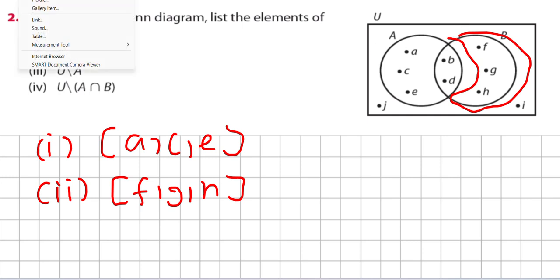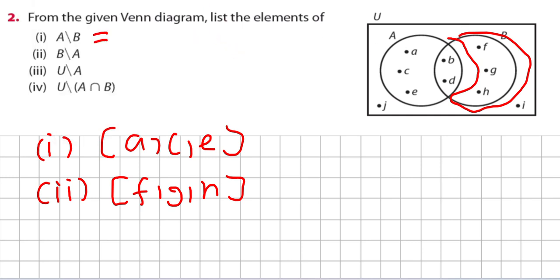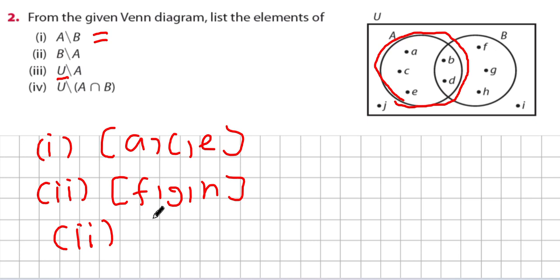Done. Okay, now here's an awkward one. U means the rectangle, agreed? Everything that's in the rectangle that's not in A. What do you think it is? I and J, but there's other ones as well.